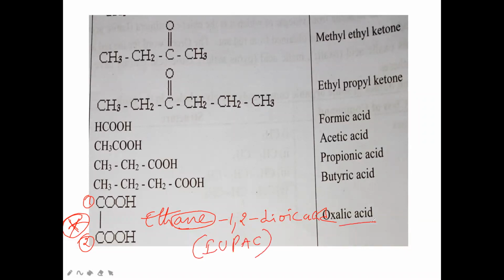What is the common name? Oxalic acid. As we already discussed, between number and name there should be a hyphen, between number and number there should be a comma, and between name and name there should not be any gap.